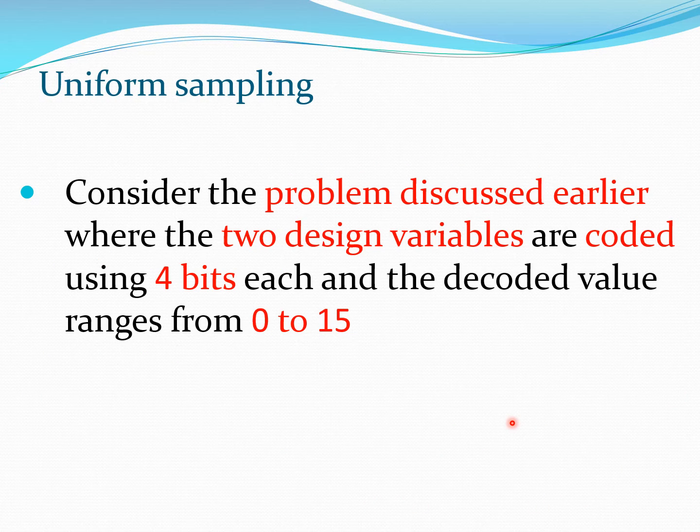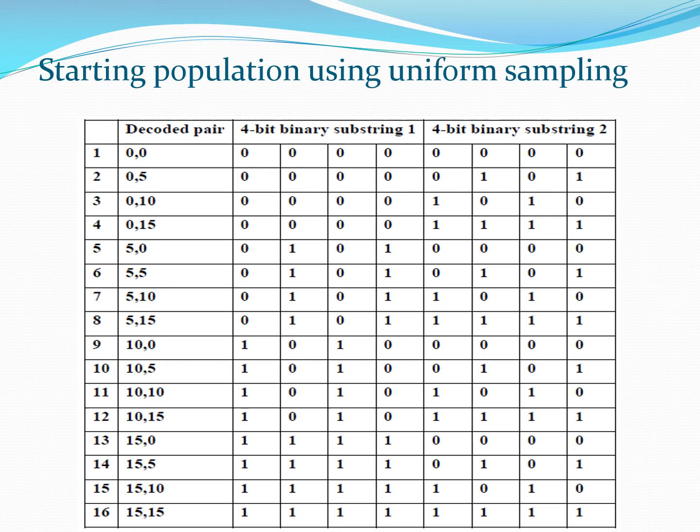For example, let us go back to the problem we discussed in our previous lecture. If you remember, we had two design variables coded using 4 bits each, and the decoded value ranged from 0 to 15. So that was the range of the decoded value. Now, if we look at the encoded pairs there, and let us say we pick the pairs which are separated by 5, the number 5.